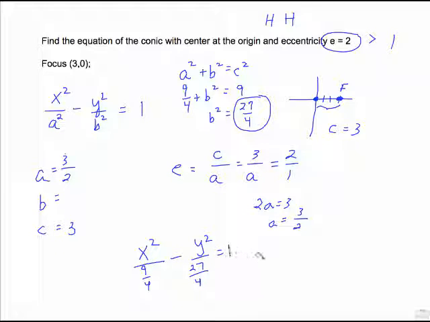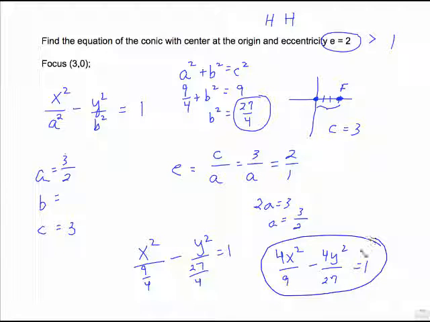Now, we have to clean that up arithmetically because this is a complex fraction. Remember, something over a fraction takes the bottom and flips it upside down. So this becomes 4x squared over 9 minus 4y squared over 27 equals 1. And that is the equation of the hyperbola that matches that information.